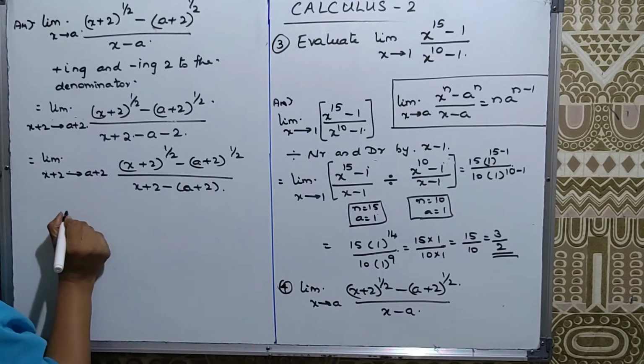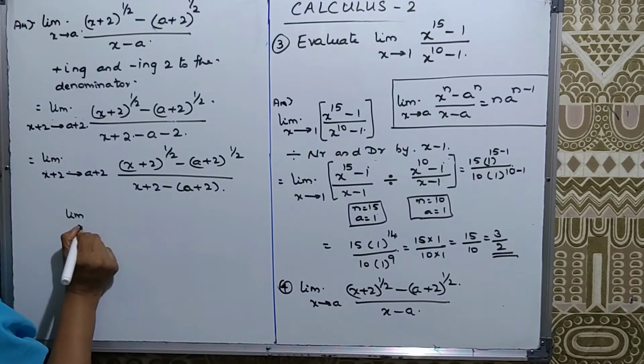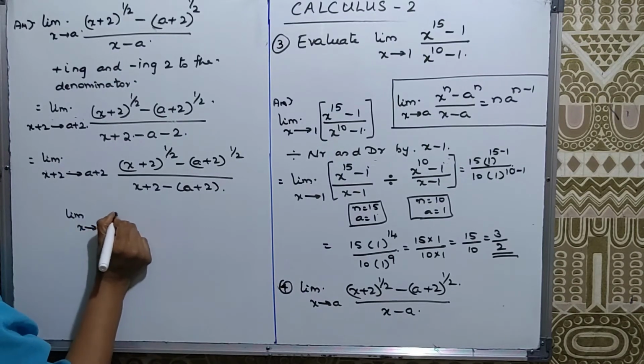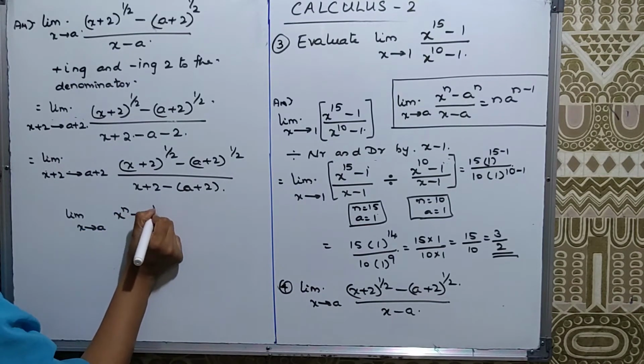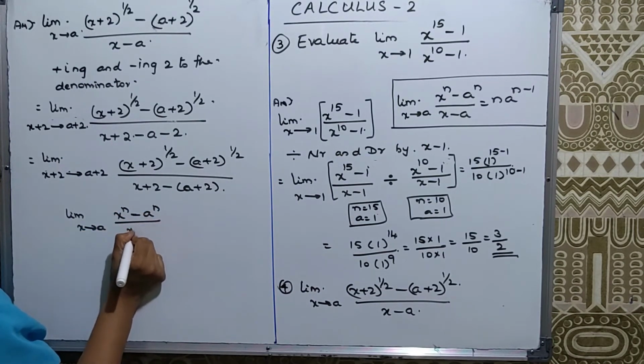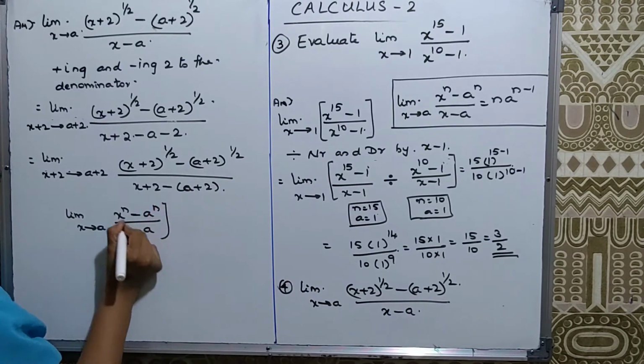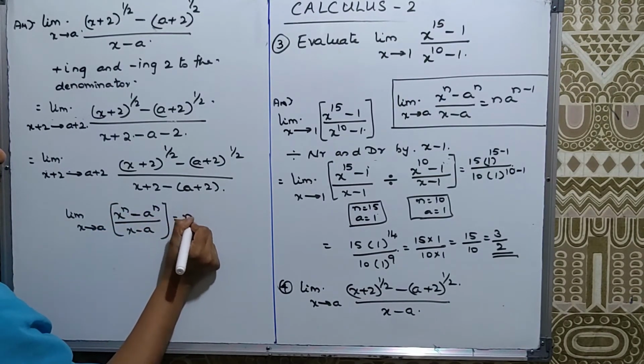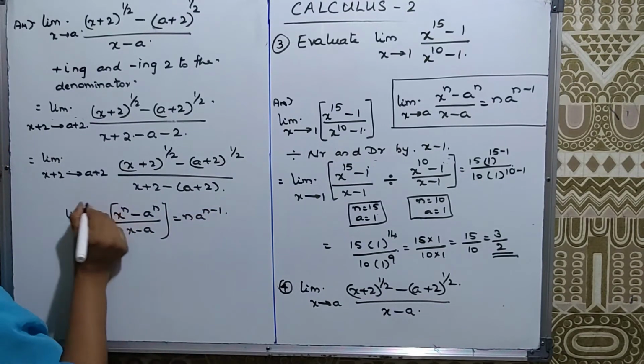Again, the property is limit x tends to a, x raised to n minus a raised to n by x minus a equals n a raised to n minus 1.